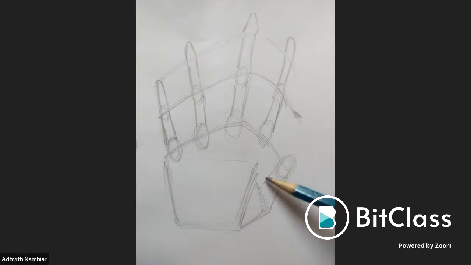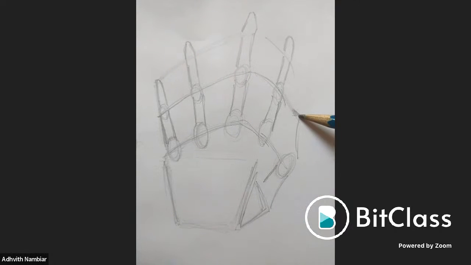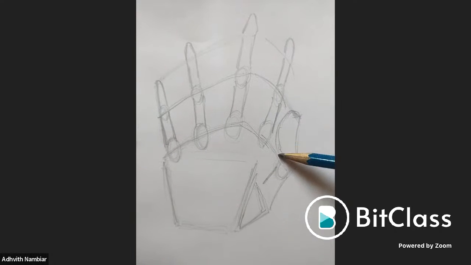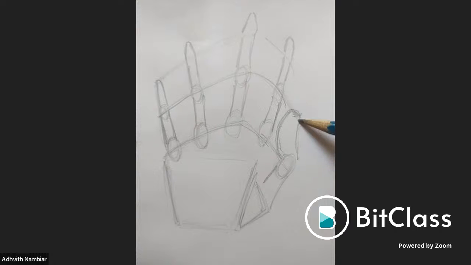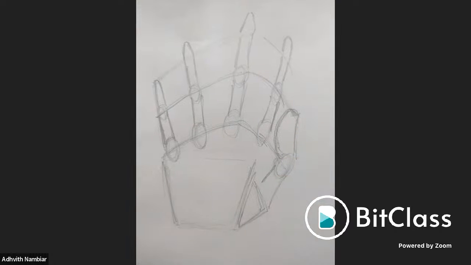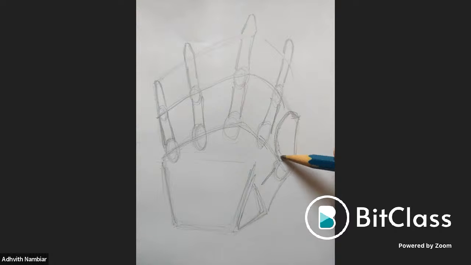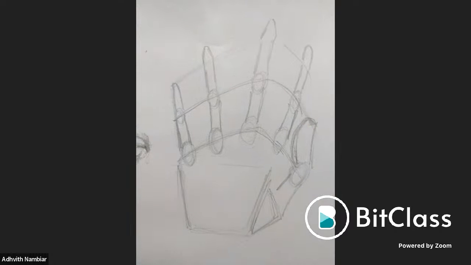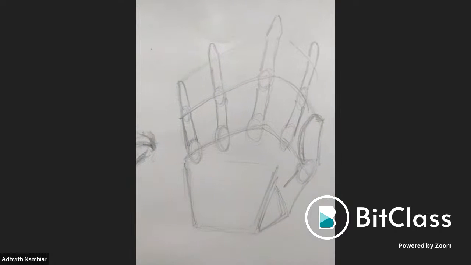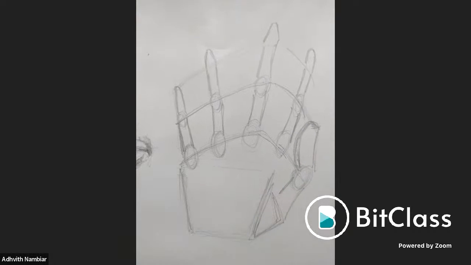So again, we just treat it like a segment. The thumb's final segment is a kind of big fat one. All right, so now we technically have the hand ready, kind of, right?